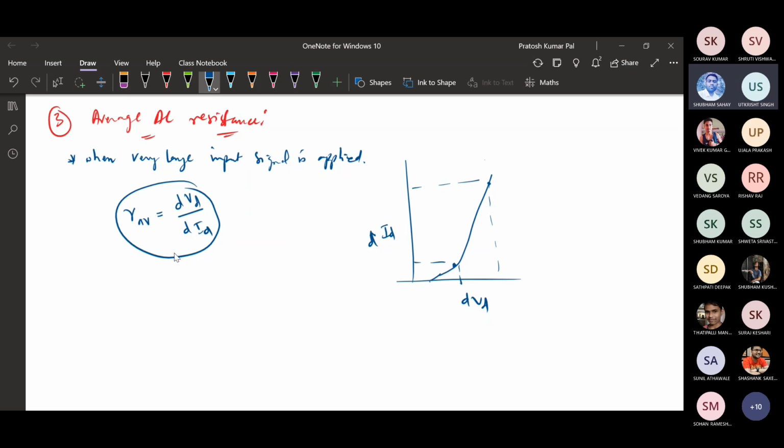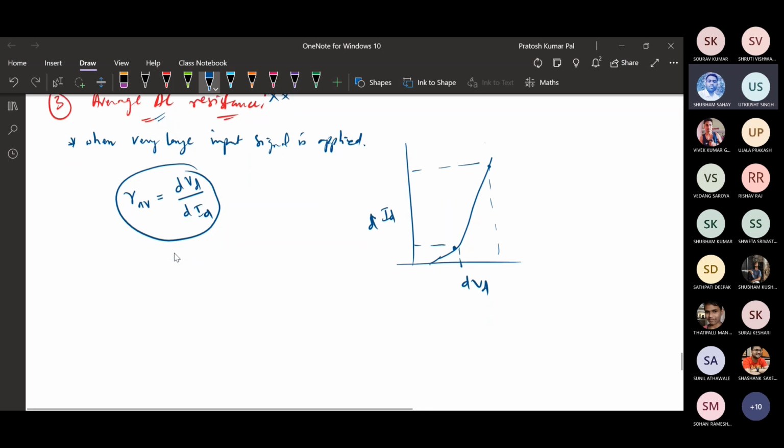Okay, so if the output swing is very high, then we can apply the average AC resistance concept. Okay, so that is of very least importance. Only AC and DC resistance are most frequently used in all the cases, so we will not be considering that.